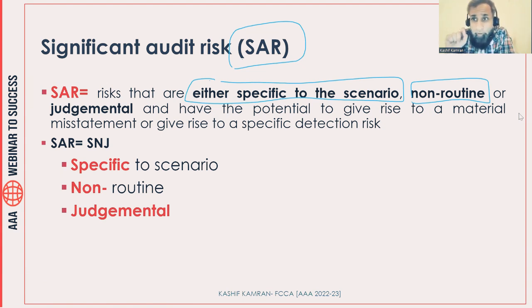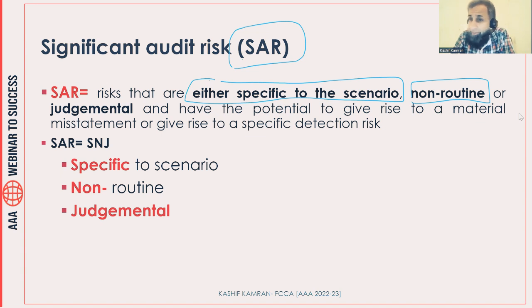Something which is non-routine is something being done or happening for the first time in the case study. Like the company is planning to acquire a subsidiary, dispose of a subsidiary, or expand its operation to a foreign country. Something happening for the first time, right? Non-routine.